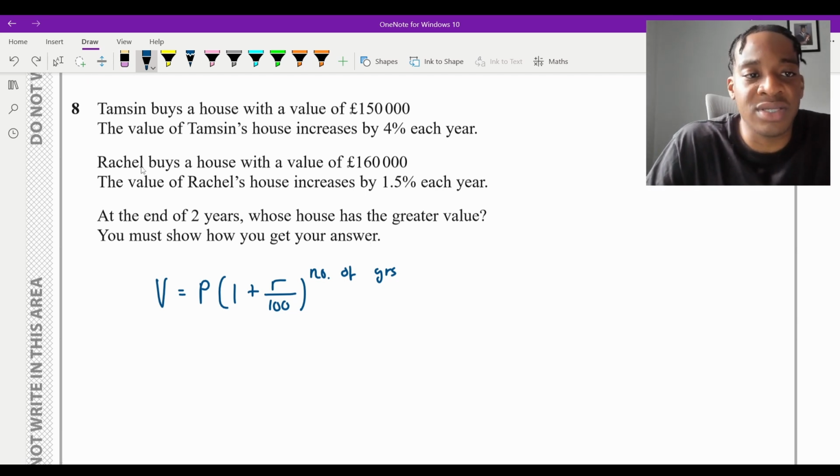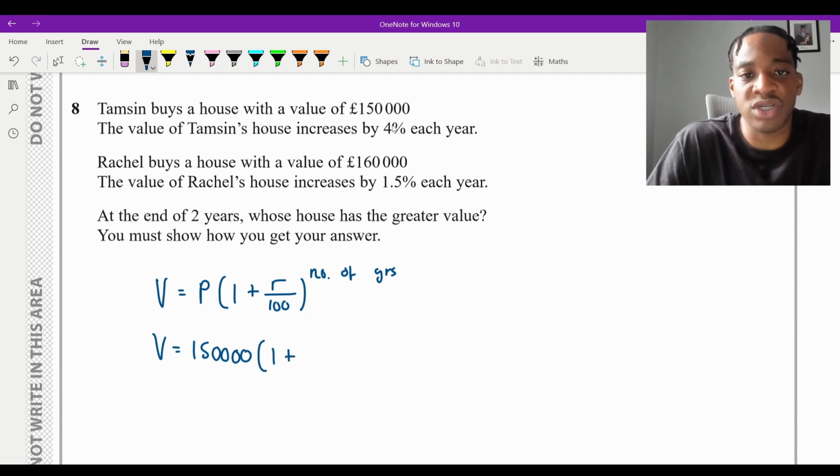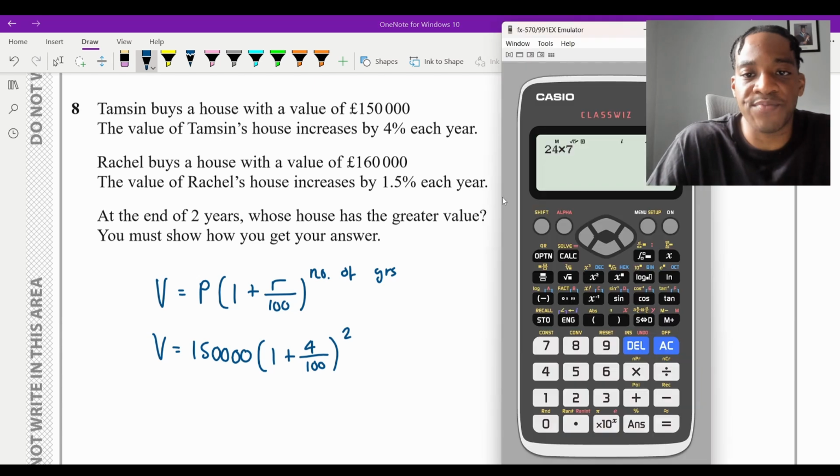So in Tamsin's case, what will her value be? Well, we can see quite clearly the principal amount, the amount she starts with, is 150,000. Then I'm going to do 1 plus the interest rate R, which is 4%, so R equals 4 over 100. And then this is to the power of how many years? We need it after 2 years, so I'm going to put 2 here. So all I'm going to do is punch this into my calculator and see what it gives me.